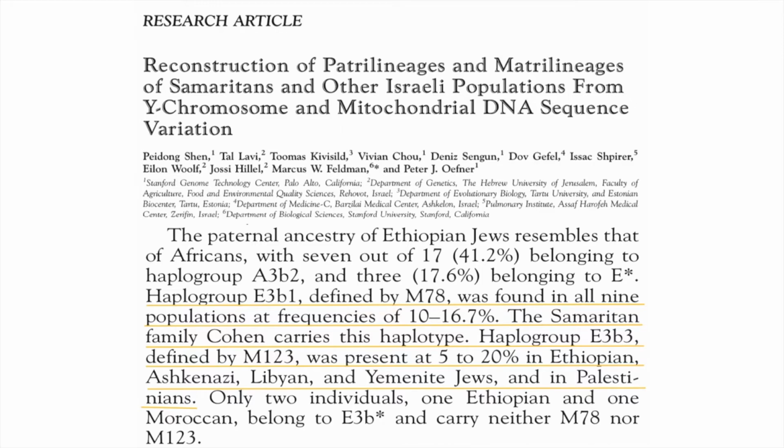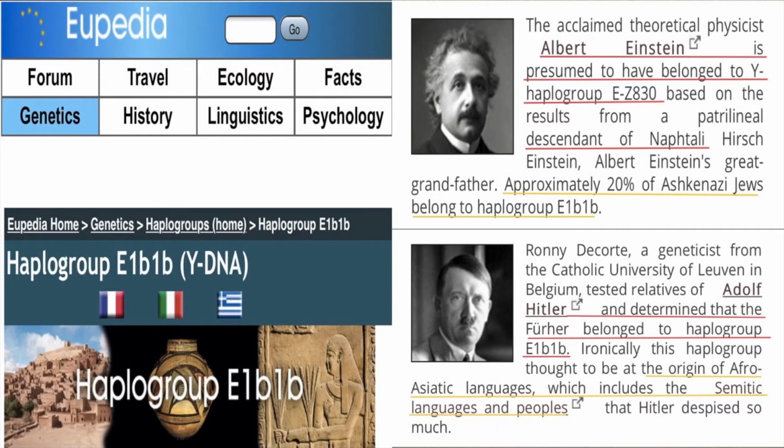Haplogroup E3b3, defined by M123, was present at 5 to 20% in Ethiopian, Ashkenazi, Libyan, and Yemenite Jews, and in Palestinians. And so famously, Albert Einstein actually had haplogroup E. Albert Einstein is presumed to have belonged to wide haplogroup E-Z38, descent of Naphtali.